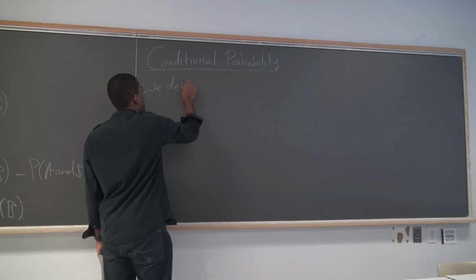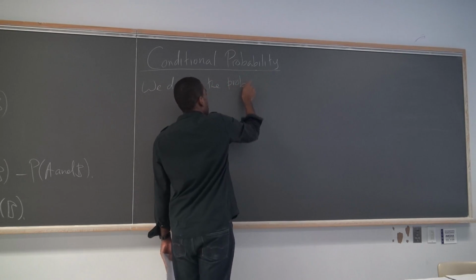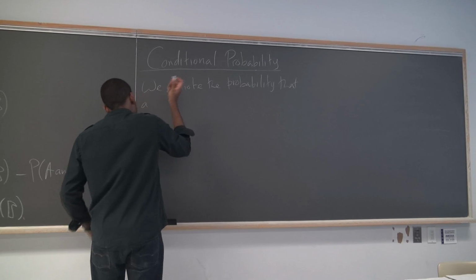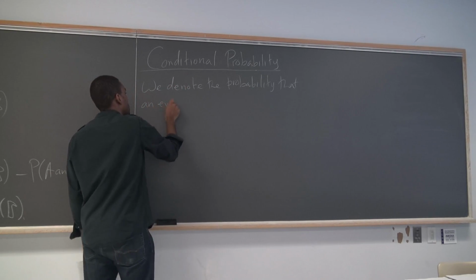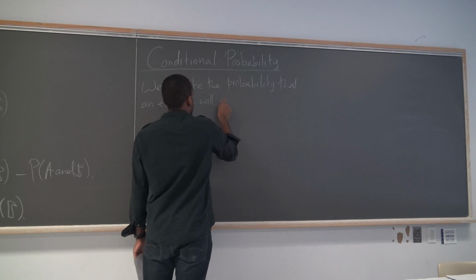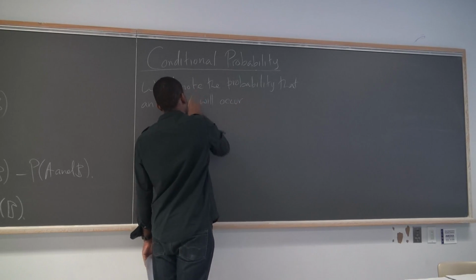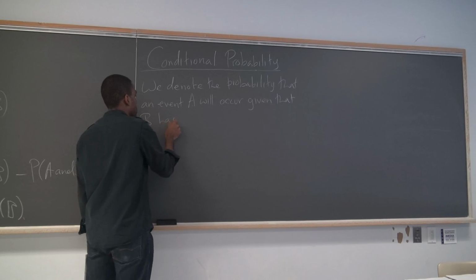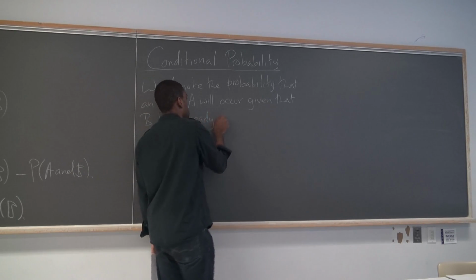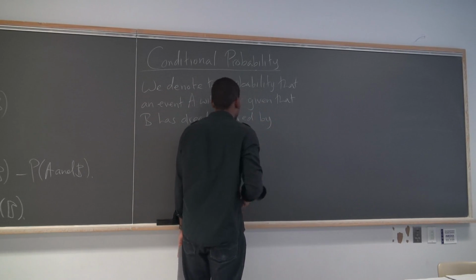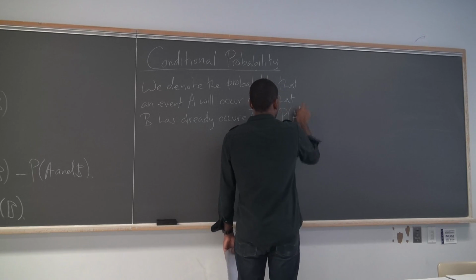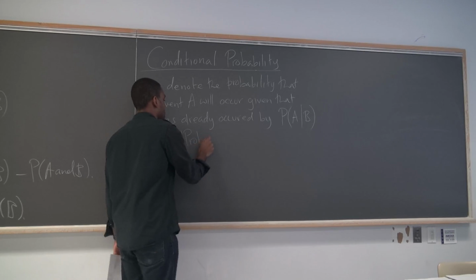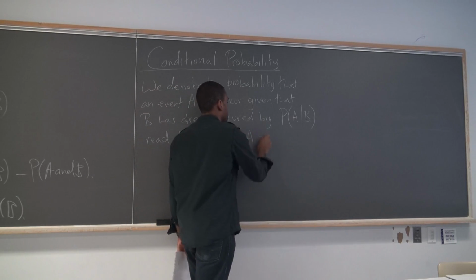We denote the probability that an event A will occur given that B has already occurred, by P of A, there's a straight bar and then a B. Probability of A given B.